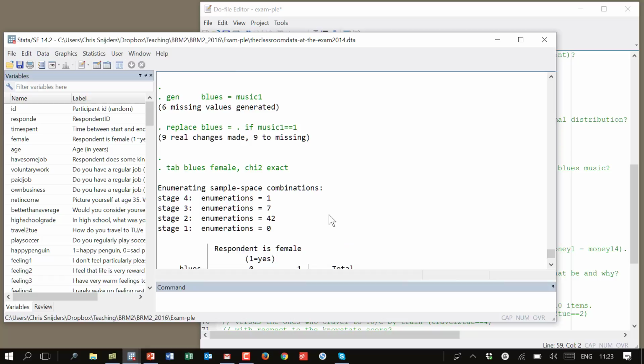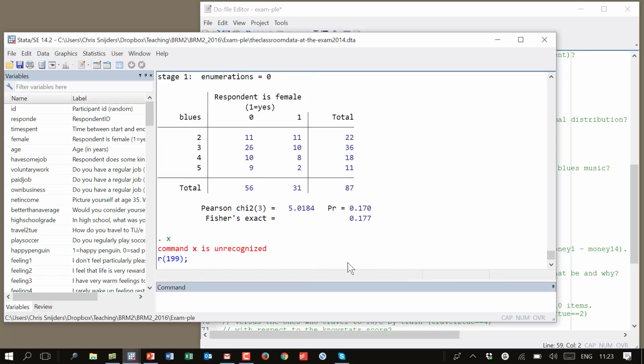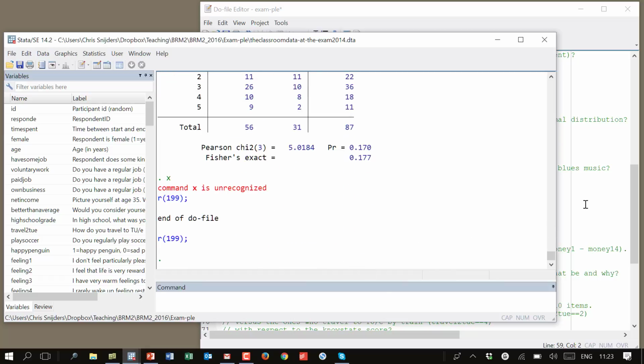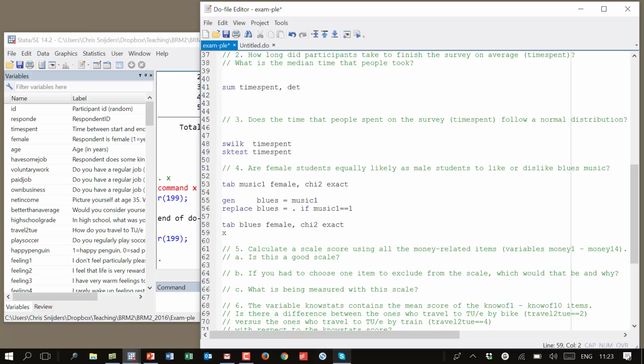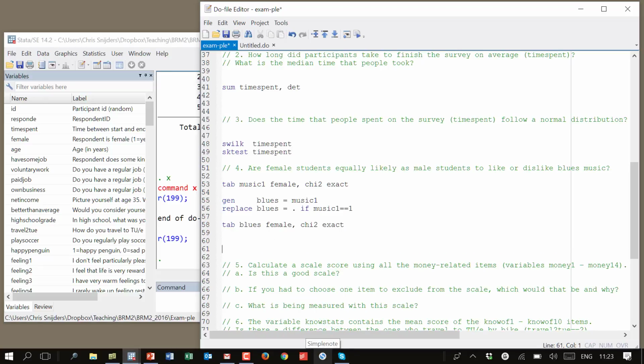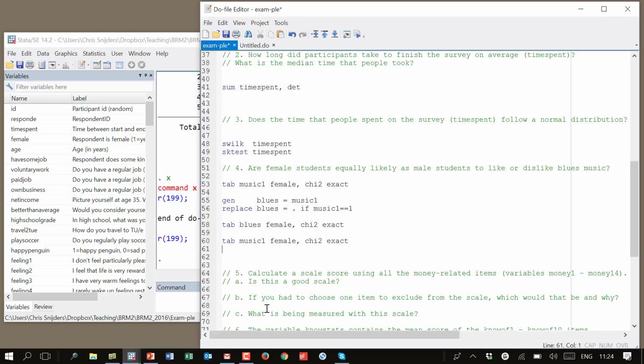And let's see. Another way to do the same thing, because for many of these there are different ways to do it, and whatever works is just fine. The alternative would be to do this immediately with an if statement, if music 1 is not 1.